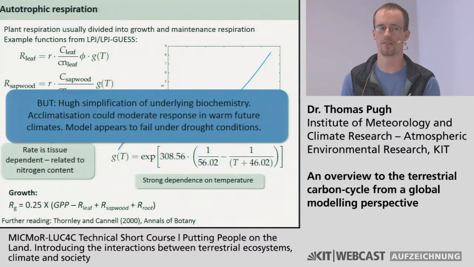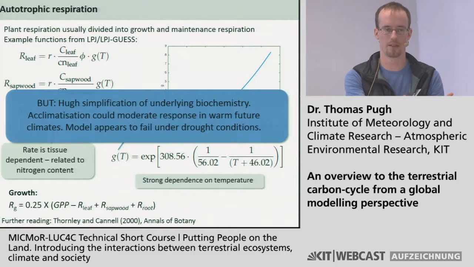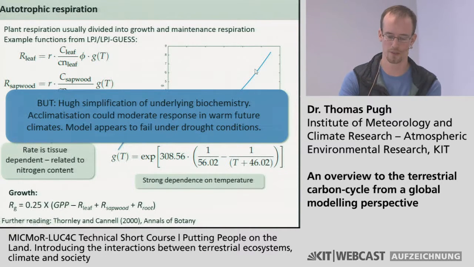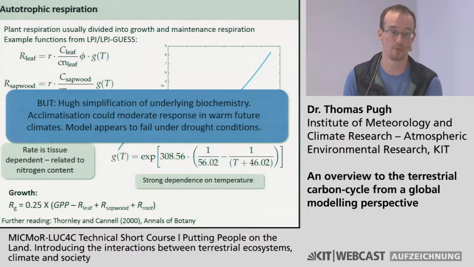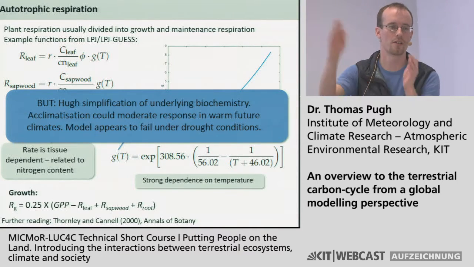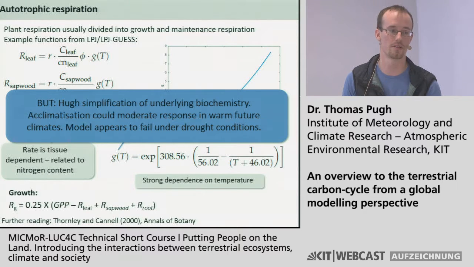There's quite a lot of evidence that if you take a particular plant from one climate and you stick it in another climate, it doesn't just move up this curve, but it actually acclimatizes to that new environment and resets its base rate of respiration. We don't generally take account of that. And similarly, we don't account for how plants respond in our models in terms of stress. There's a lot of evidence that we get respiration going in completely the wrong direction in drought conditions, for instance.